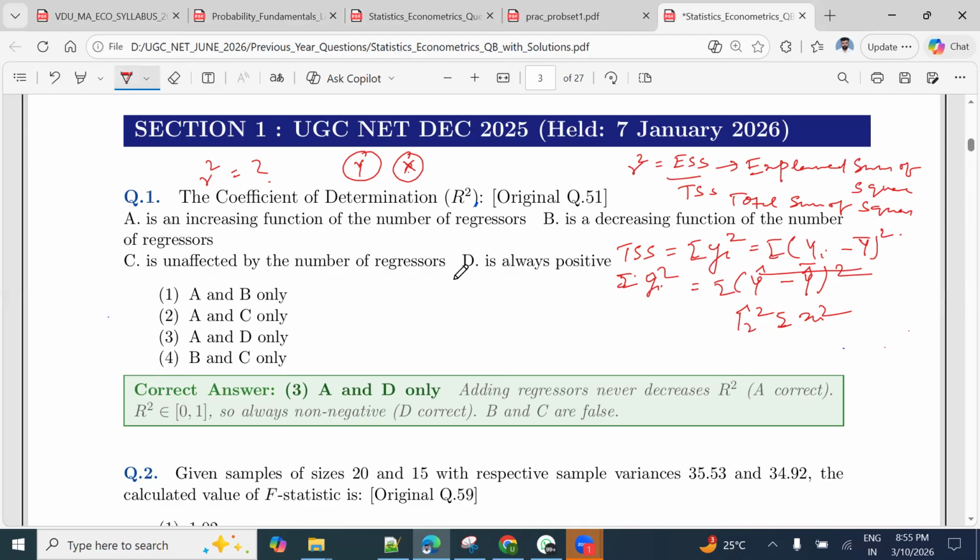R square is either ESS upon TSS, please write it down, or it is 1 minus RSS upon TSS.